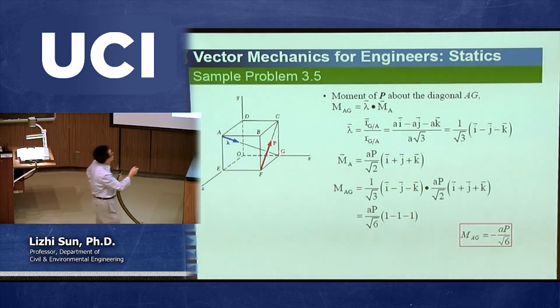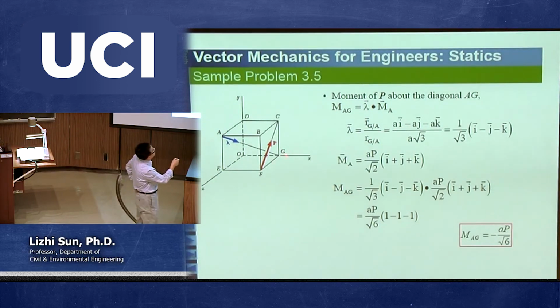So first of all, what are the 3 components of point G? The 3 components of point G are A, 0, 0, because this is on the x-axis. What are the 3 components of point A? The 3 components of point A are 0, A, A, right?